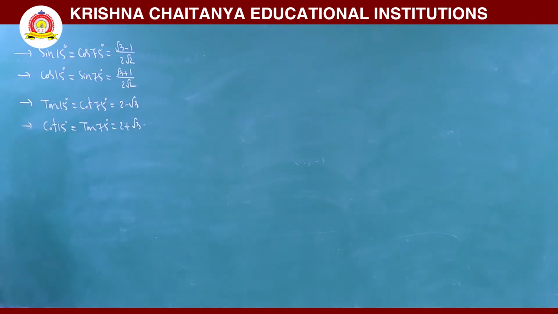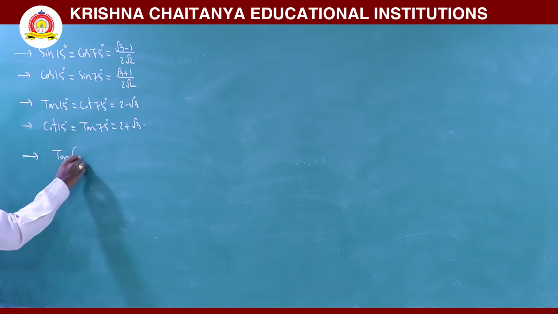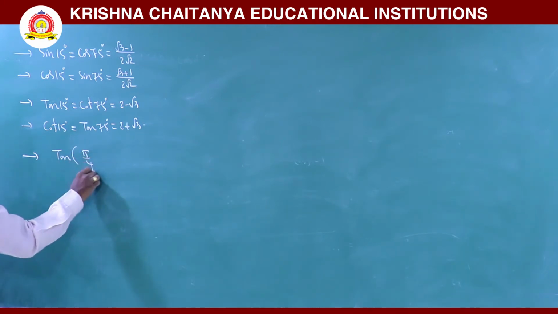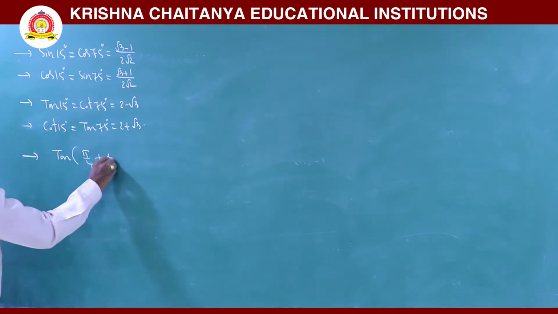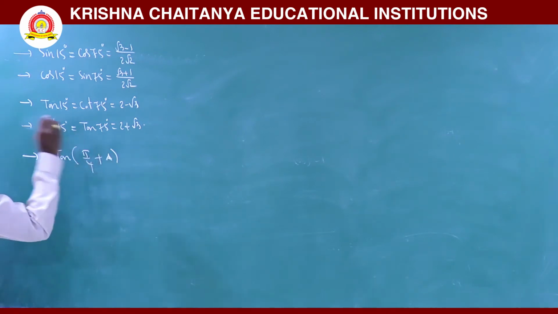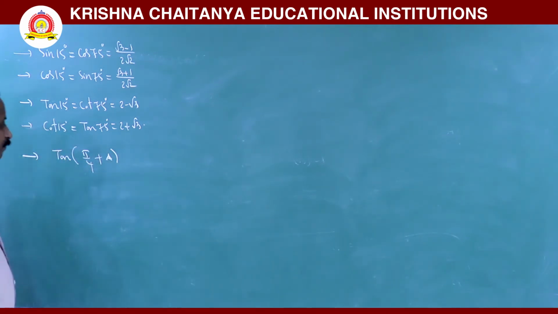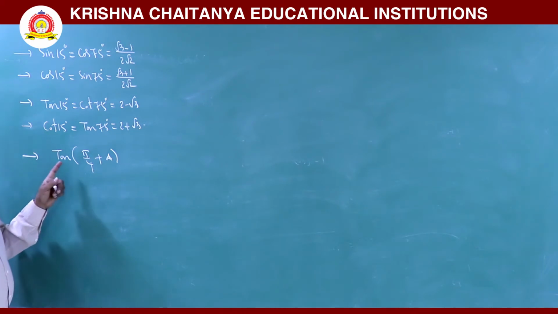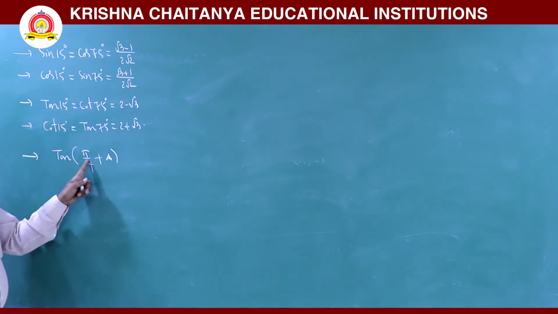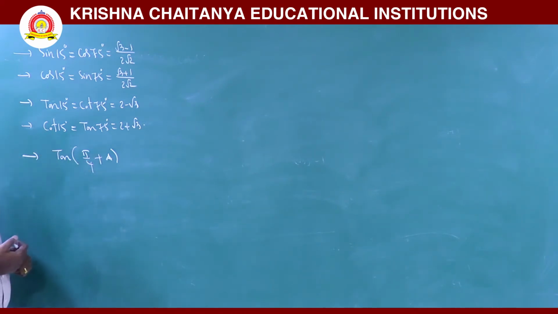And next, we can use tan (a plus b). Using tan (a plus b), we can derive some basics. Tan of (45 plus a) is indirectly in the form of tan (a plus b).